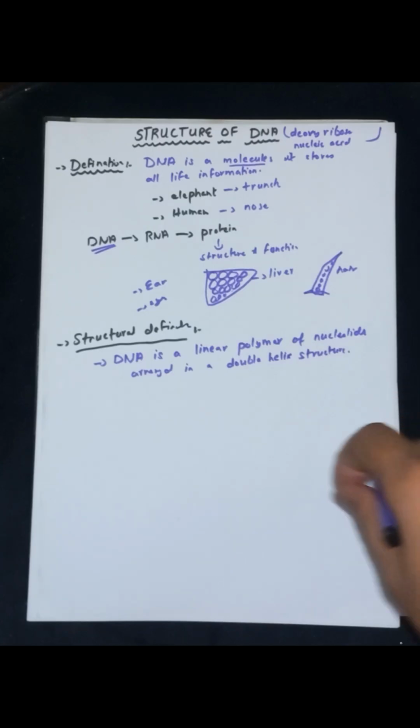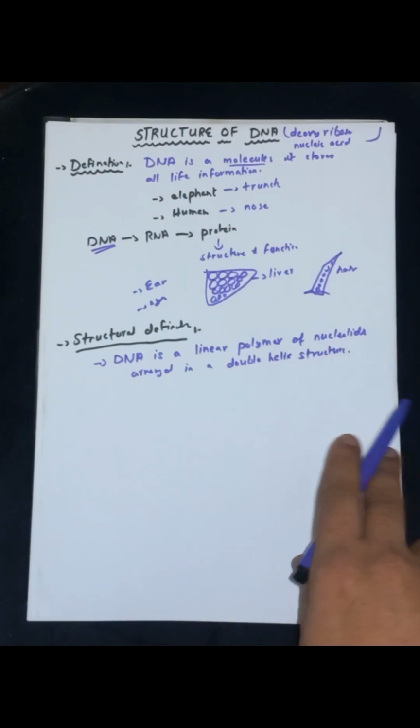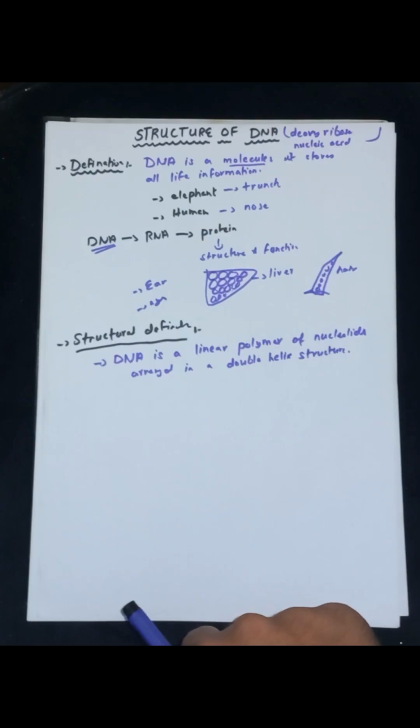Okay, so DNA is a linear polymer of nucleotides arranged in a double helix structure.